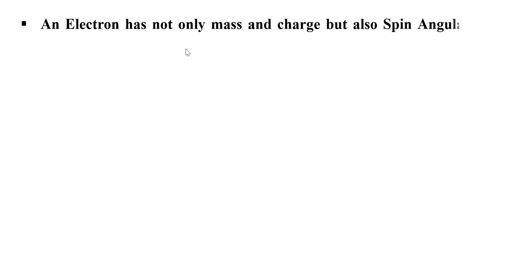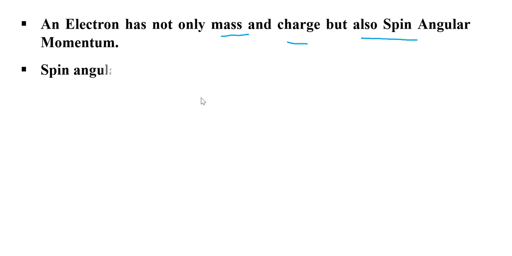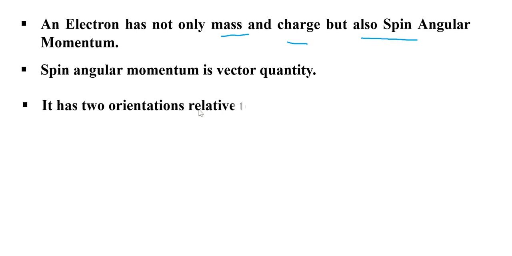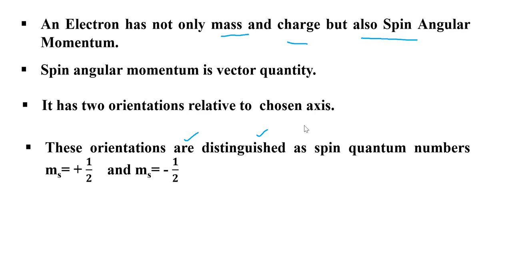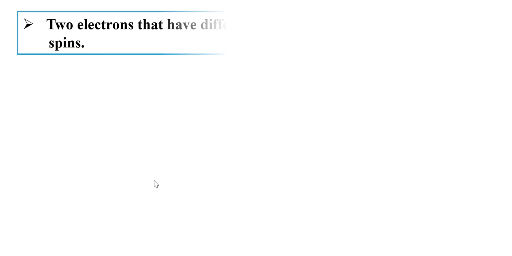An electron has not only mass and charge but also spin angular momentum. Spin angular momentum is a vector quantity. It has two orientations relative to a chosen axis. These orientations are distinguished as spin quantum number ms. It may be plus half and minus half.